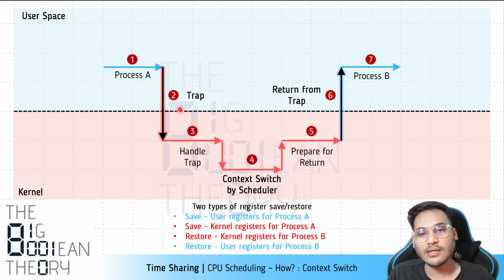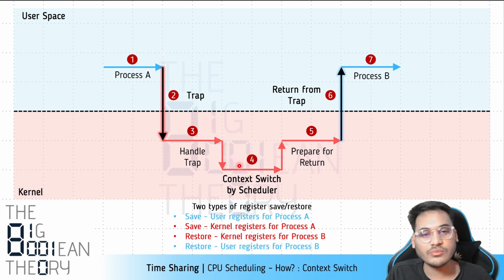The difference is that when you are entering the kernel, you are saving the user registers from the user space. Basically, at this point you are executing the code of the user process, right? This blue arrow, if you see here, you are executing the instructions of the user process. So when you are saving the registers when entering a trap, these registers reflect the state of execution of the user code, right?